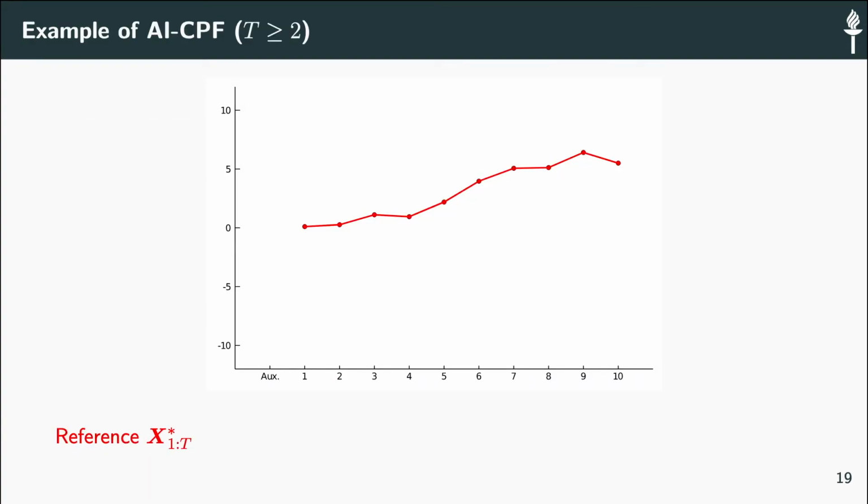So how does it look when we have more than one time instant now? Is the algorithm more complicated? Well, of course it is, but not so much. So the reference is here, as before. What we do now is that we draw from Q that leaves M1 invariant an auxiliary point, and then we draw from the same Q all the particles for the first time instant.